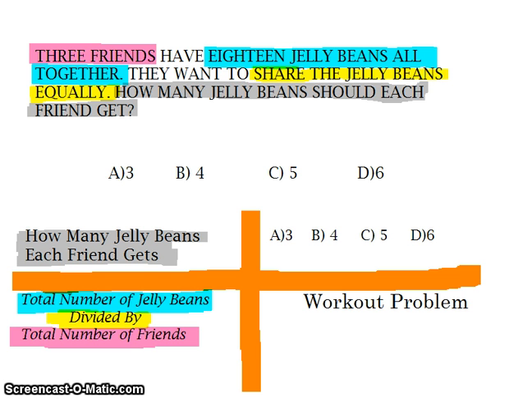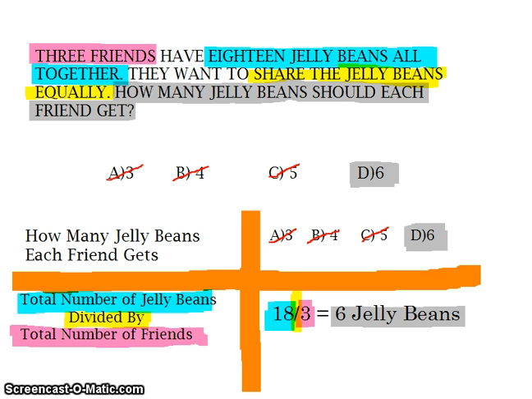So we have 18 divided by 3, and that will equal 6. Again, the answer choice D, 6 jelly beans, is the correct answer. This was a little tip or strategy you could use in order to solve the problem as well.